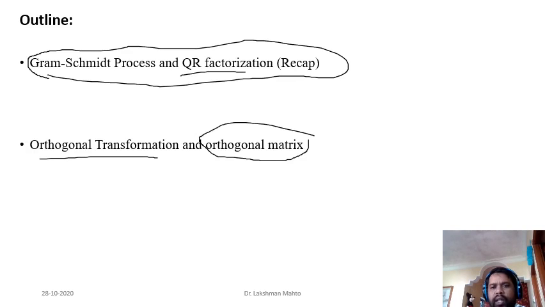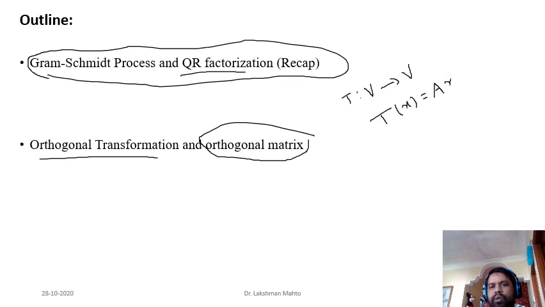I had already told that if you have a linear transformation from one vector space or linear space to another vector space, then you can always represent that transformation by a matrix. That means there is a matrix such that the image of x under T you can get just by multiplying the matrix with the corresponding vector.